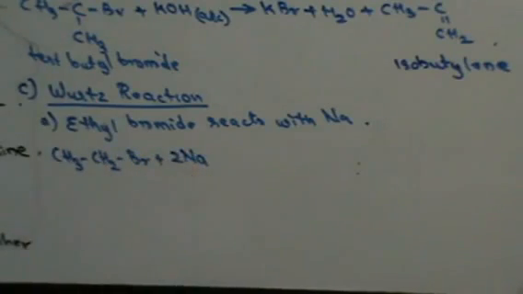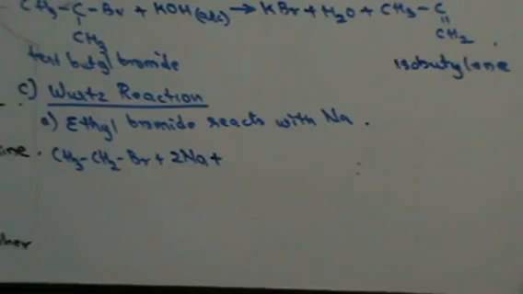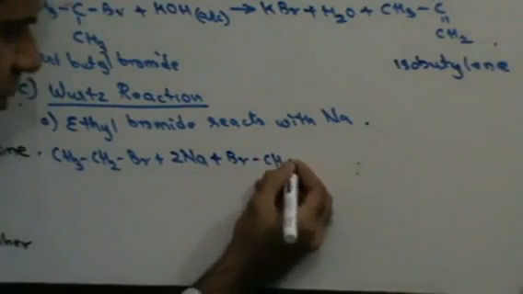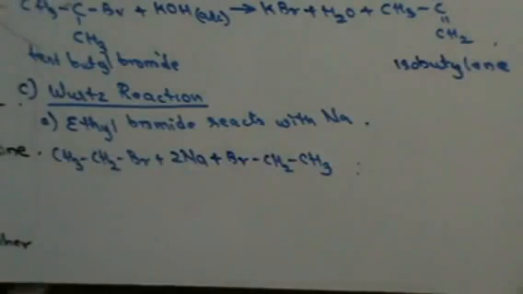Observe carefully, it reacts with sodium metal. You take 2 atoms of sodium metal and react them with 2 molecules of ethyl bromide. I'll show you the 2 ethyl bromide separately. So this is Br CH2 CH3.